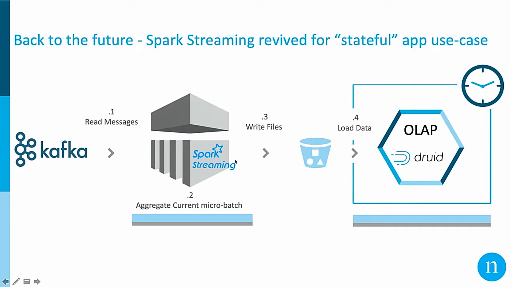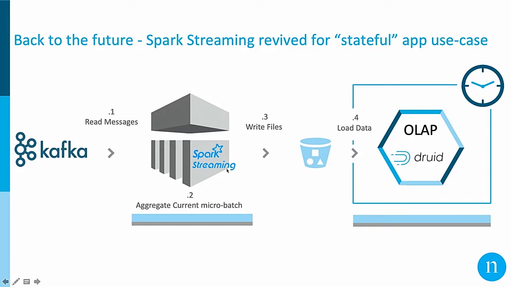So that was one component that we replaced. Another component we replaced is, if you remember, we used Clustrix, the distributed MySQL, as our OLAP database. But now what we've done is we basically introduced Druid, which is a time series database, which is much more suitable for OLAP use cases, and we integrated it into our tech stack.